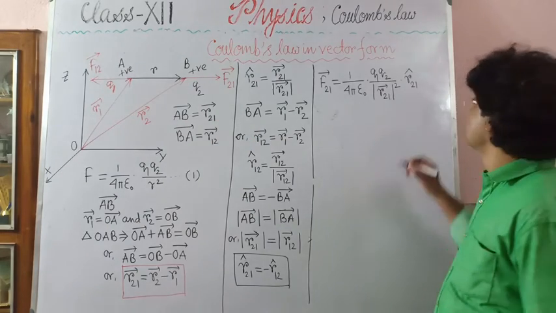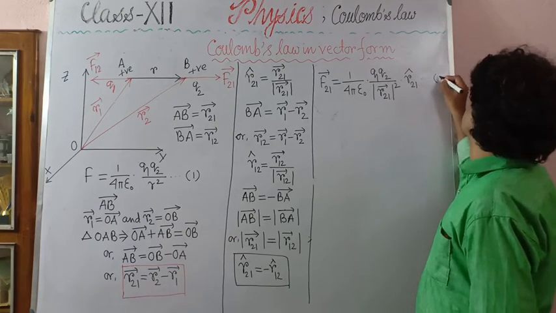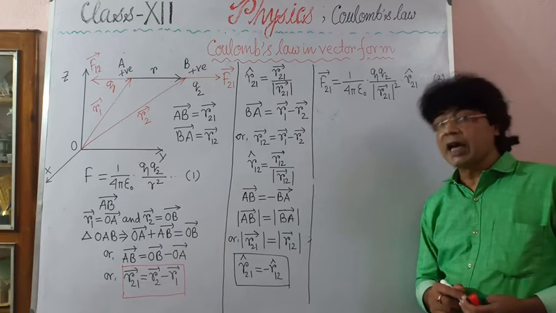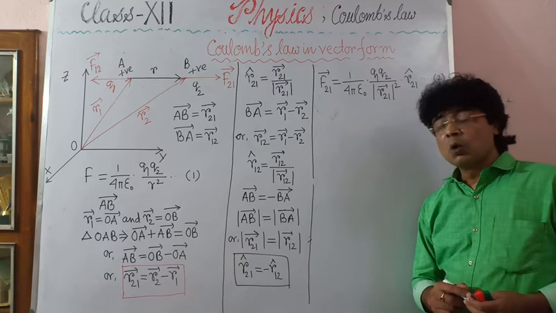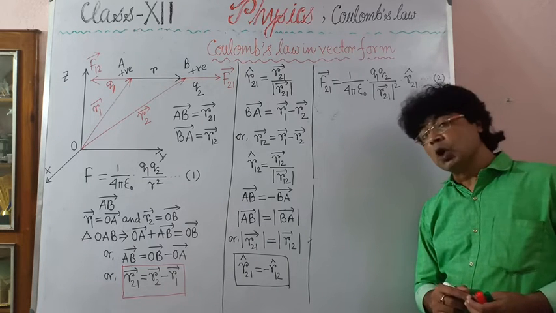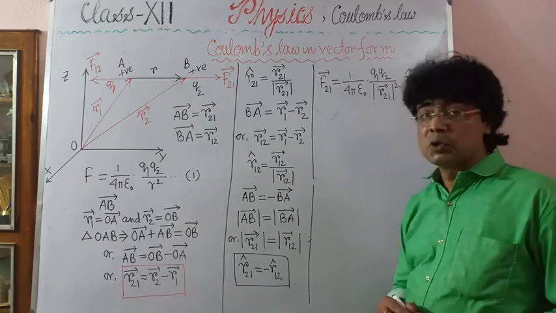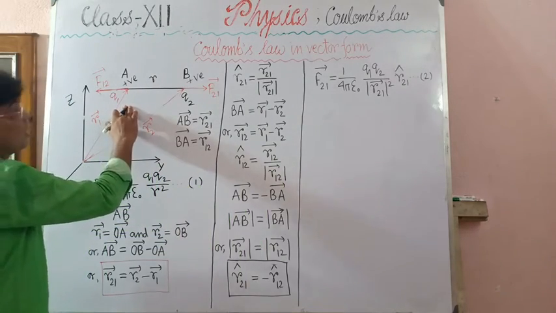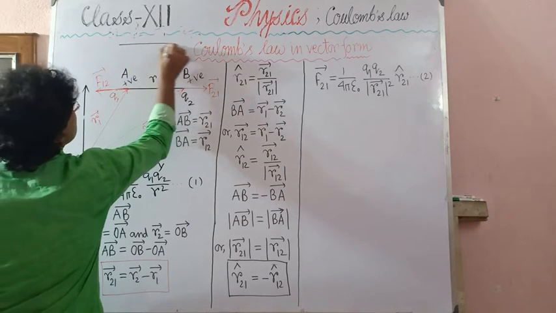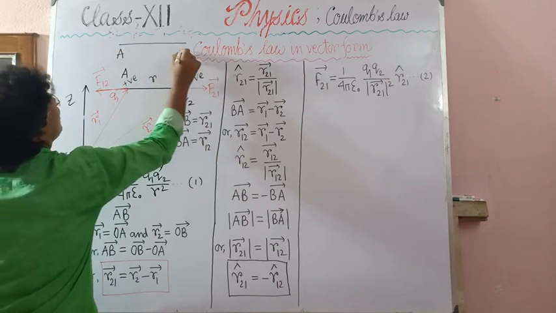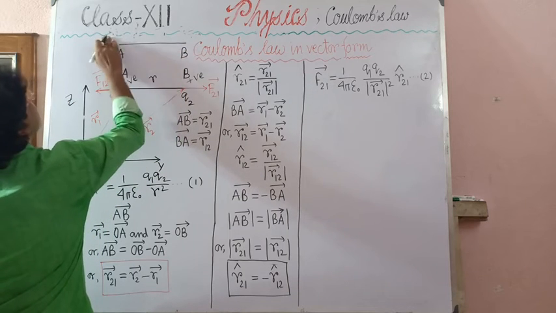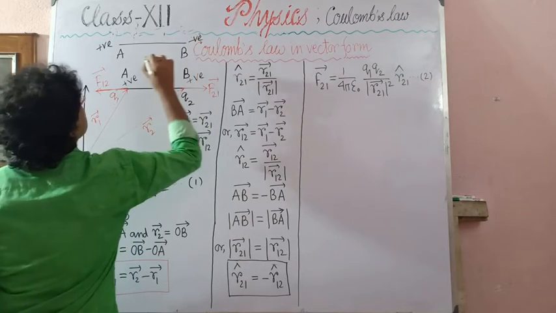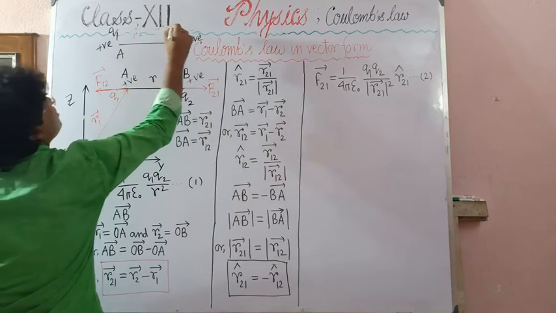Now, if the charges have opposite sign, then what will be the vector form of Coulomb's law? Suppose Q1 is positive and Q2 is negative. We know two unlike charges attract each other.